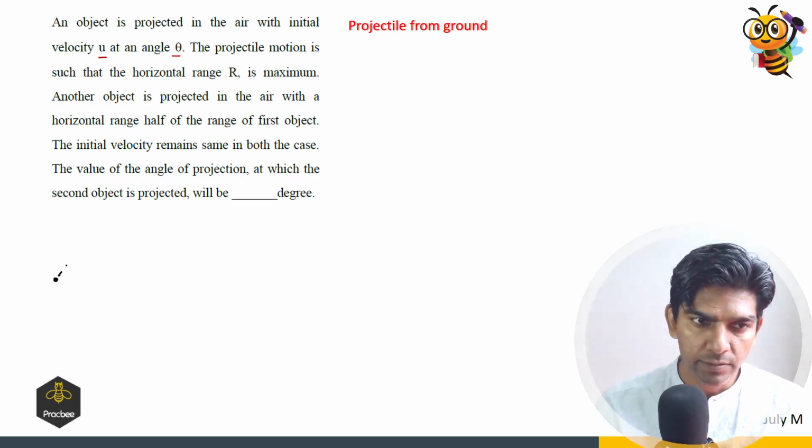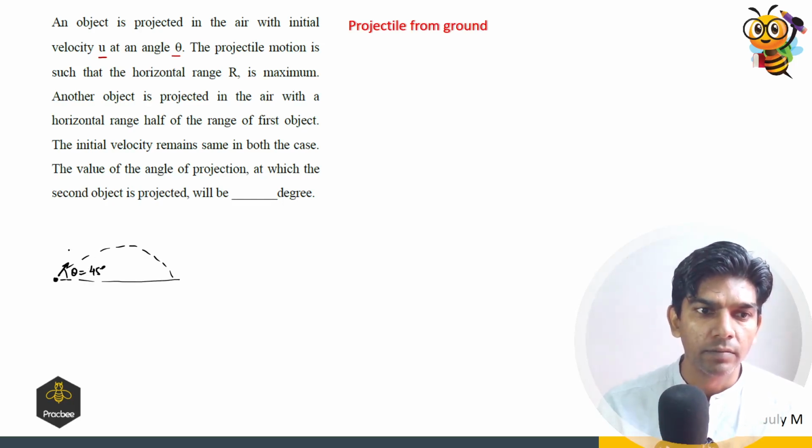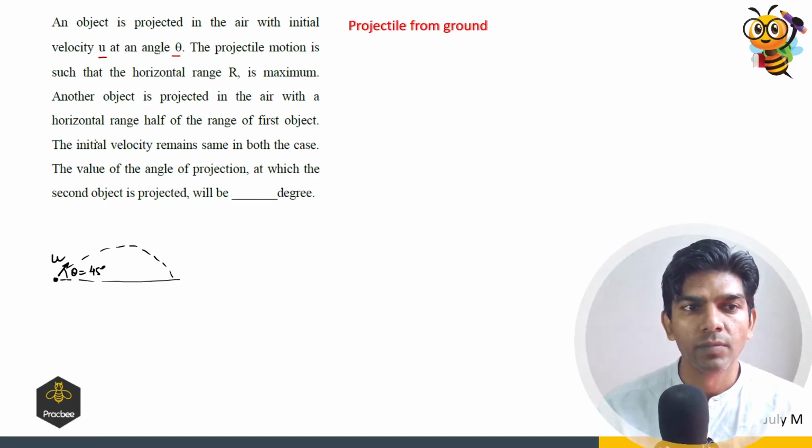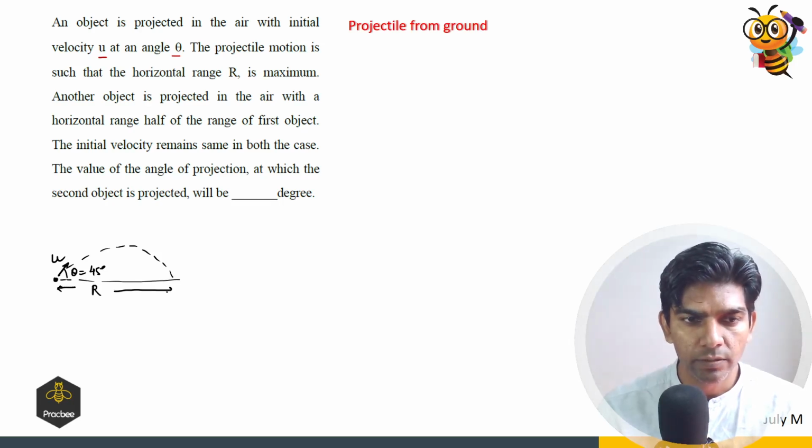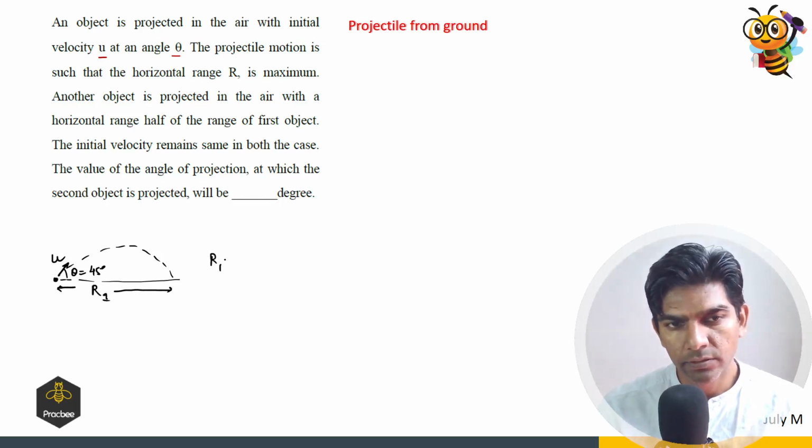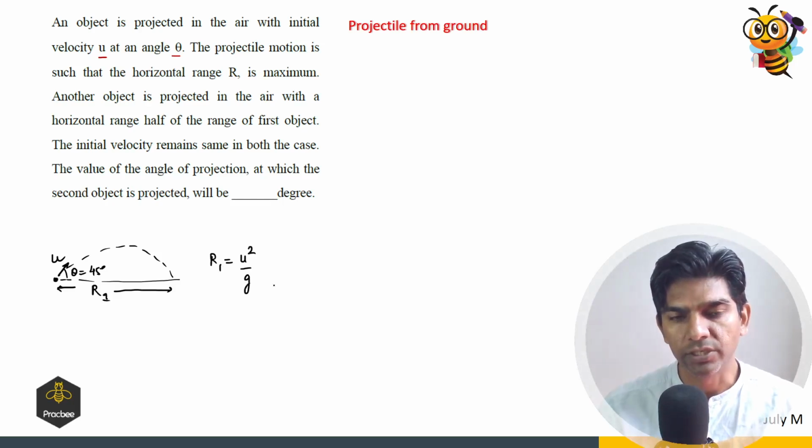So in the first case, theta will be 45 degrees and we are getting maximum range. Initial speed is u. Now another body is projected in air with the horizontal range half. So let us say this is R1, and R1 is u square by g.